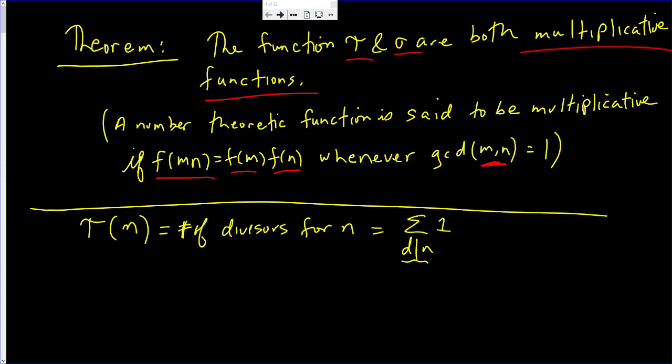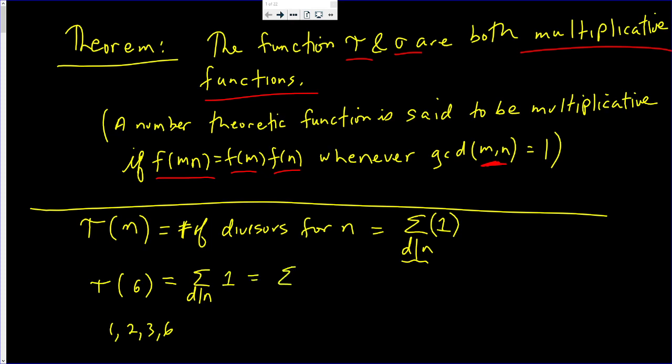That is, for each divisor, this is 1. So, if I wanted to know, say, tau of 6, well, the positive divisors of 6 are 1, 2, 3, and 6. So we're going to add up, over all divisors of n, 1.